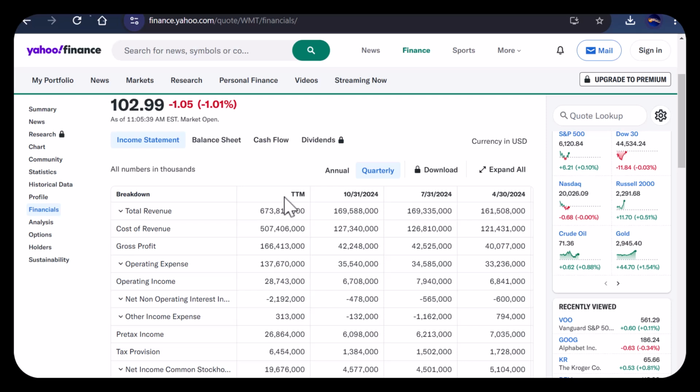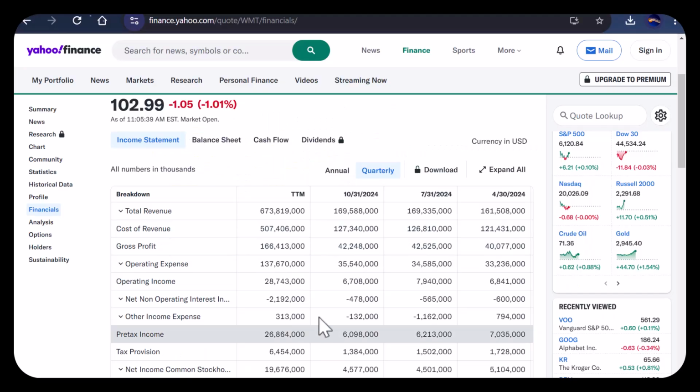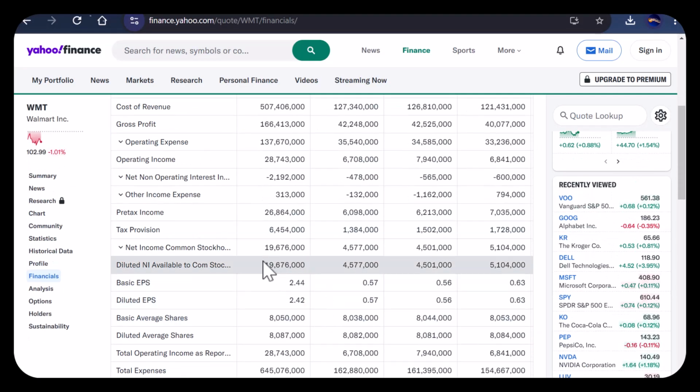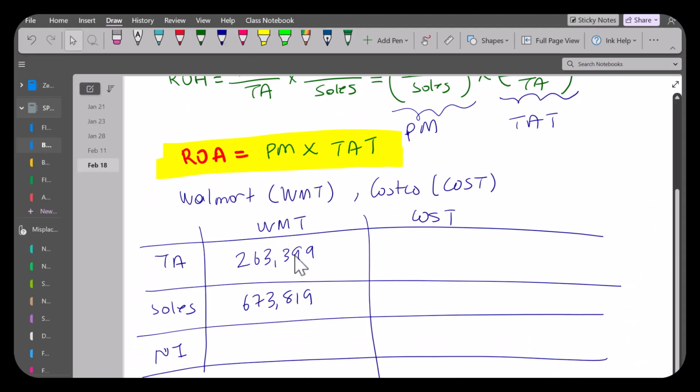So total revenue, which is their sales, is 673,819, and net income to common stockholders is 19,676. So during the previous 12 months, Walmart made almost $20 billion.